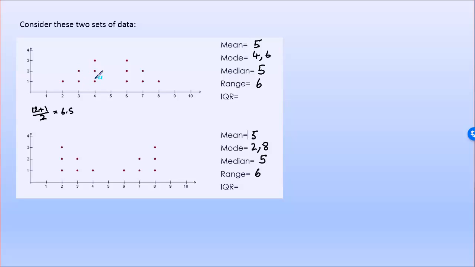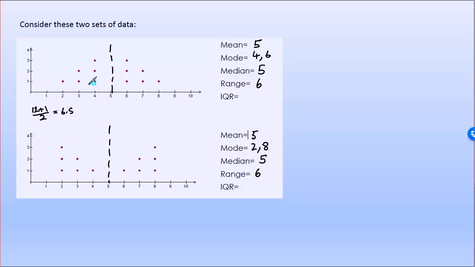So 1, 2, 3, 4, 5, 6. So the 6th piece of data is 4, and the 7th is a 6. So the median is 5, as we already established over there, but let's just put that on.